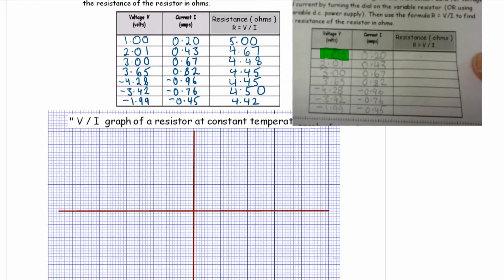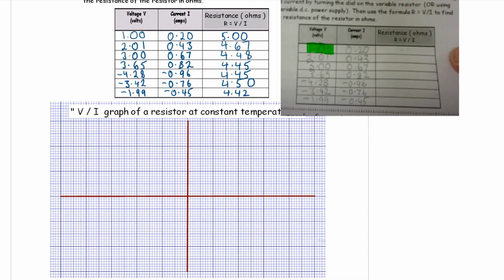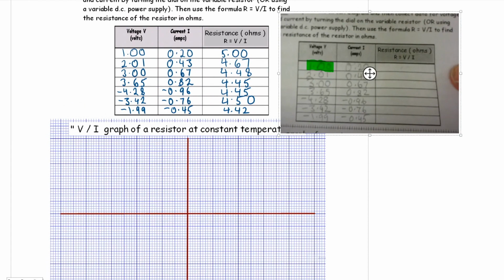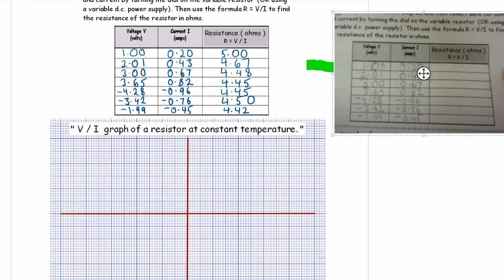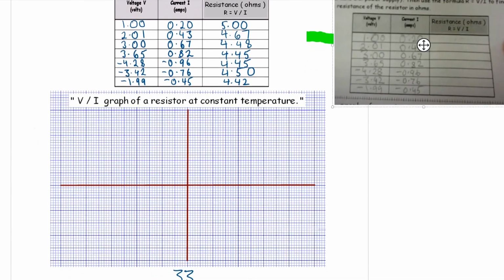What I want you to do then is to plot the graph of voltage against current. Just move this out of the way. The title of the graph, look, is saying a VI graph, that's voltage current graph of a resistor at constant temperature.